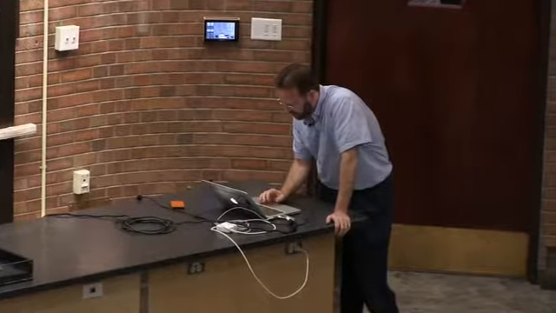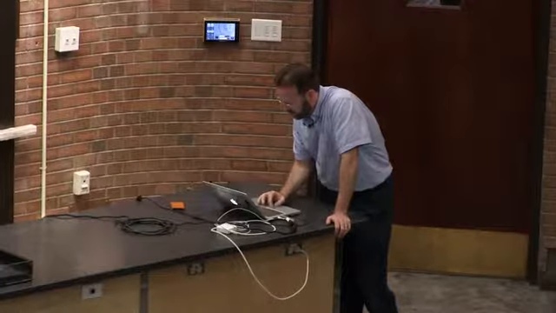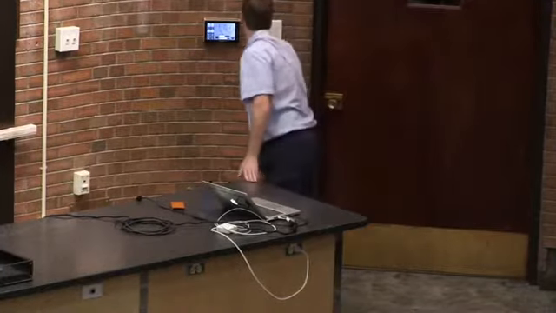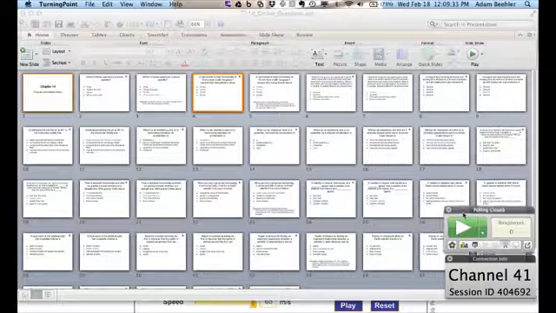I'm connecting to ResponseWare. Get a session ID number. Got it up. Dim the lights.